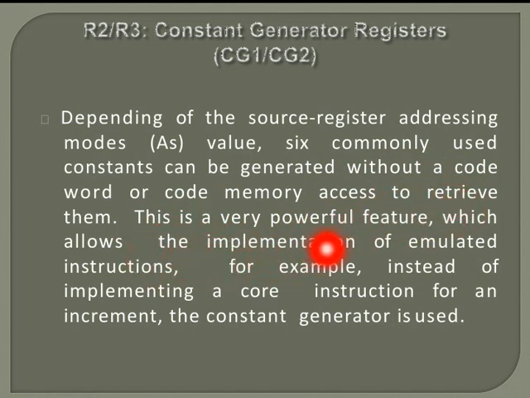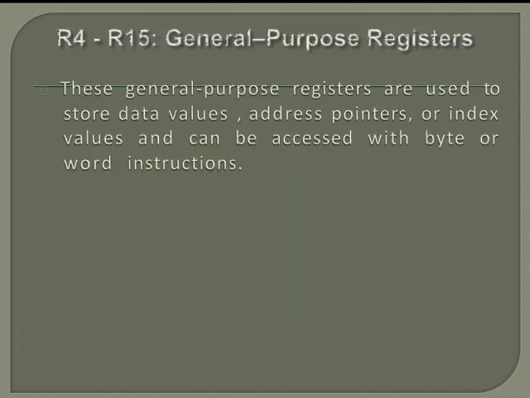This is a very powerful feature which will help you in the implementation of immediate instructions. For example, if you want any instruction to use a constant, you can use this. Totally you will get 6 constants, so instead of retrieving and again storing, you can directly use these constant generator registers.